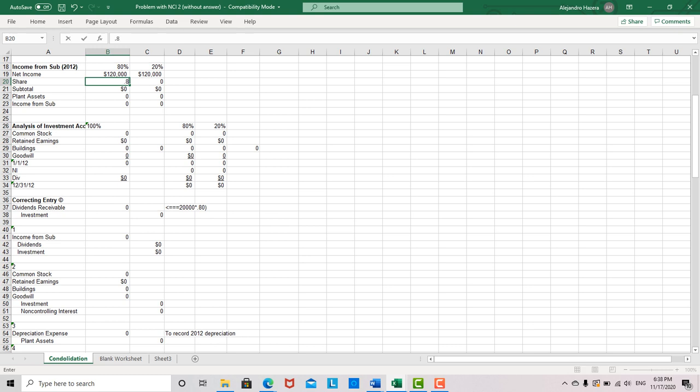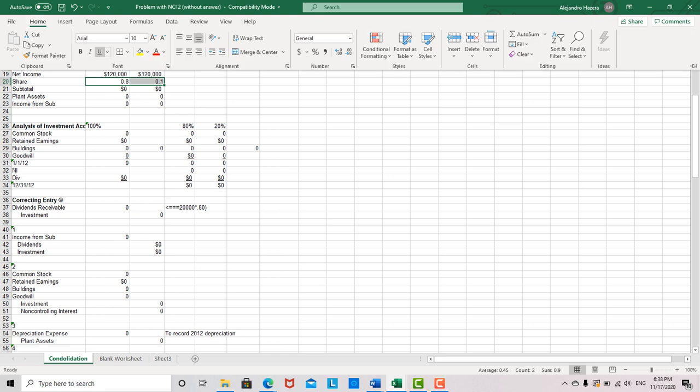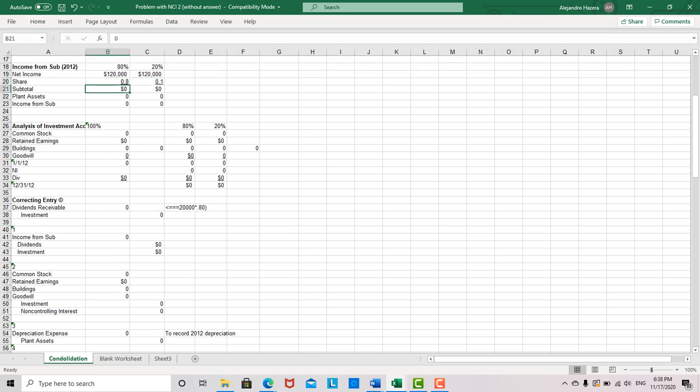Okay, we'll split 80% and 10%. That's their share. Then I'll underline both of these because this is going to be a product. So 120,000 times 80% gives you 96,000, and 120,000 times 10% gives you 12,000, obviously.